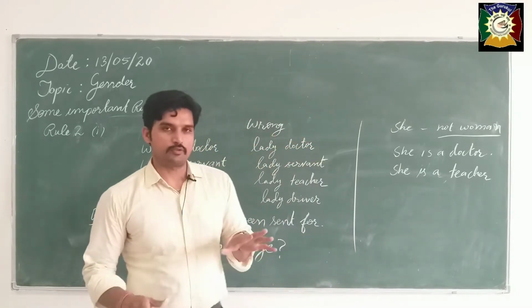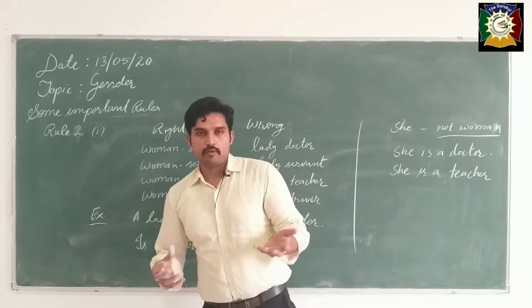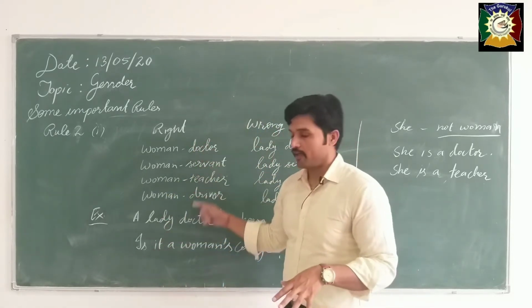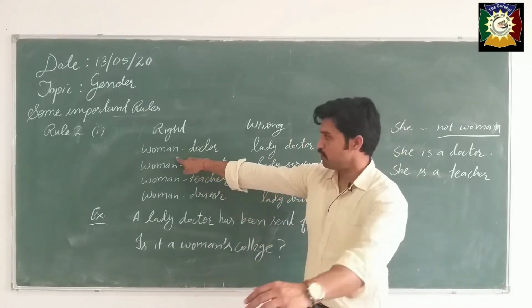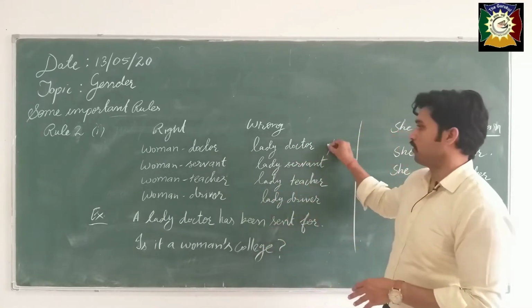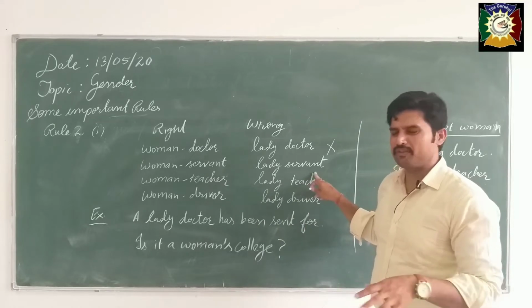Now, under rule number 2, there are some more things you have to understand. We use them, but which are correct and which are incorrect? So here these are correct and these ones are wrong. You must use woman doctor, not lady doctor. This is wrong. Woman servant, not lady servant. Lady servant is wrong.